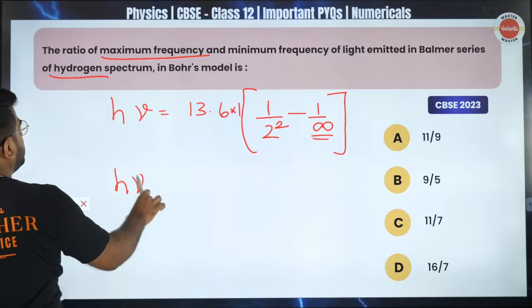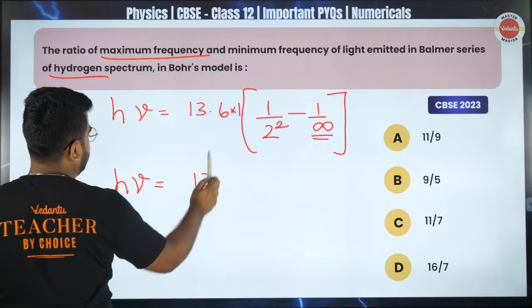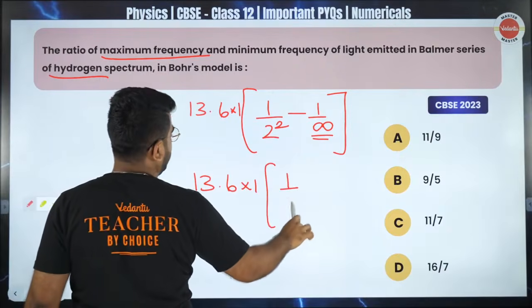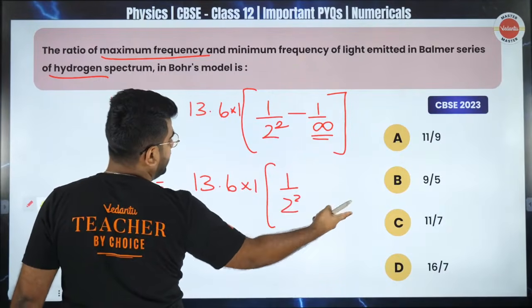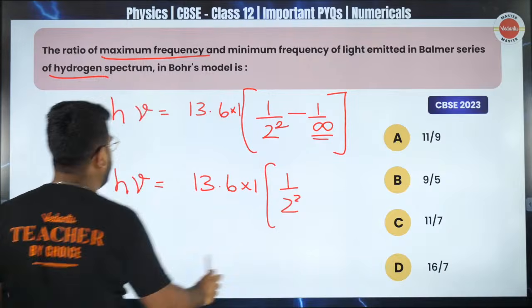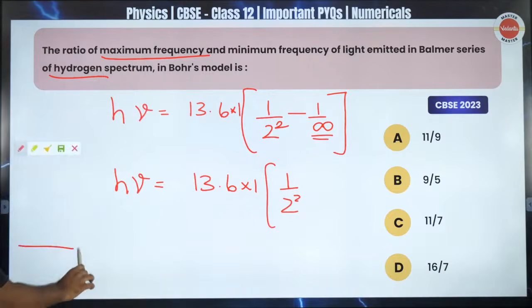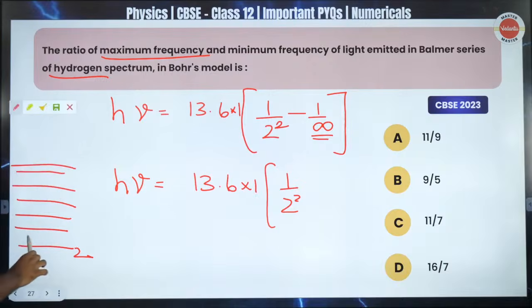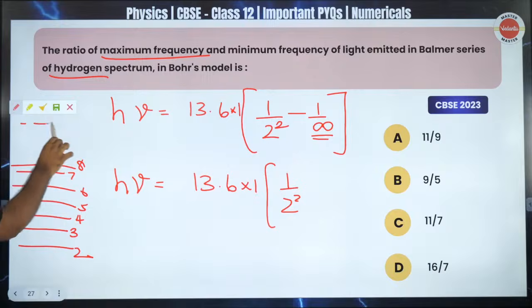Then minimum frequency is when it goes from the second state to the third, because that is the nearest. For Balmer, from n equal to 2 you can go anywhere up to infinity.